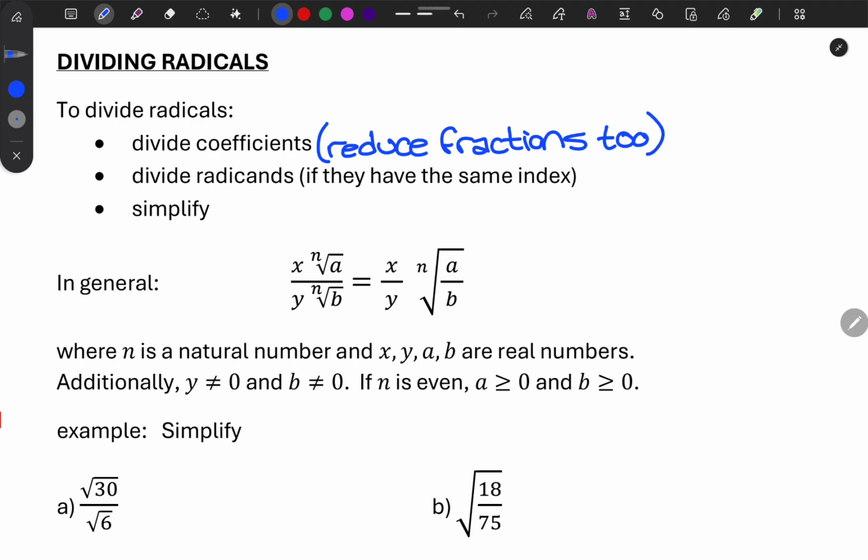Divide your radicands, assuming they have the same index, and then simplify your remaining term. So you'll notice that here, if we are dividing x and y as our coefficients, we can divide those separately. And then if we have the nth root of a and the nth root of b, we can combine those into a single a over b as long as we have the same index n.